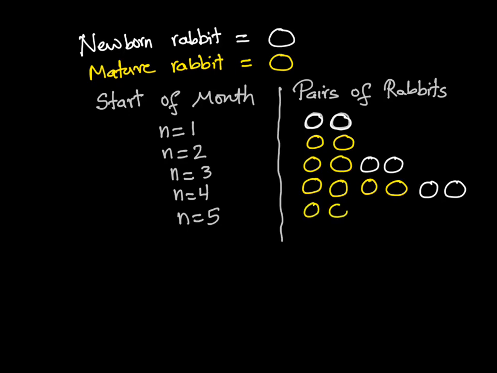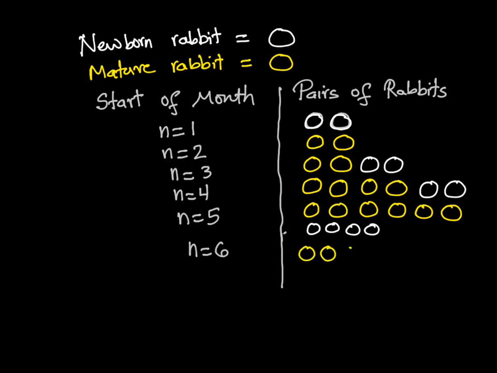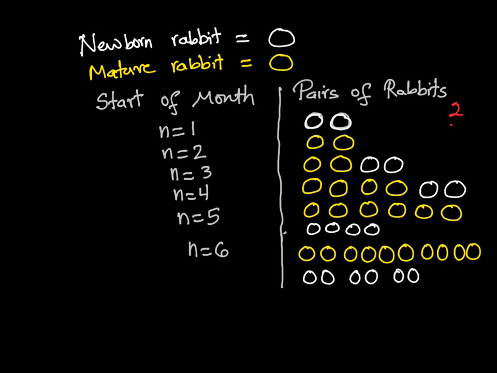In the beginning of the fifth month, and for the 6th month, all those are becoming mature, and for every mature pair, you're going to have offspring.